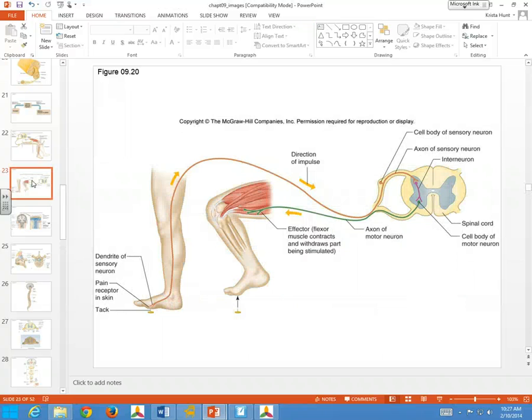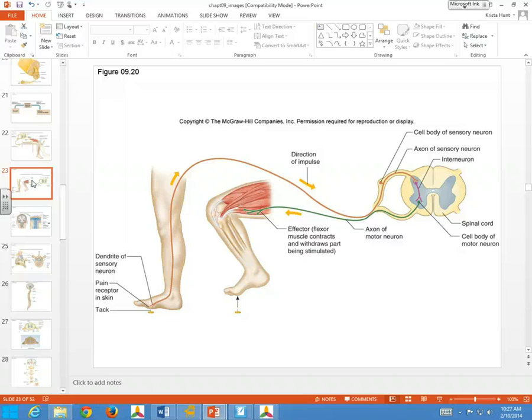Here's the reflex here. So the big key about the reflex is the signal does not go to the brain, right? So I step on a tack here. The signal travels up, and remember goes through the posterior, the dorsal root, into the spinal cord. Normally it would go straight up to the brain then, right?